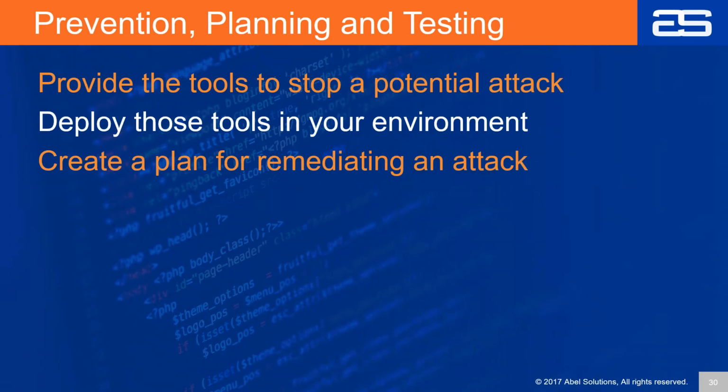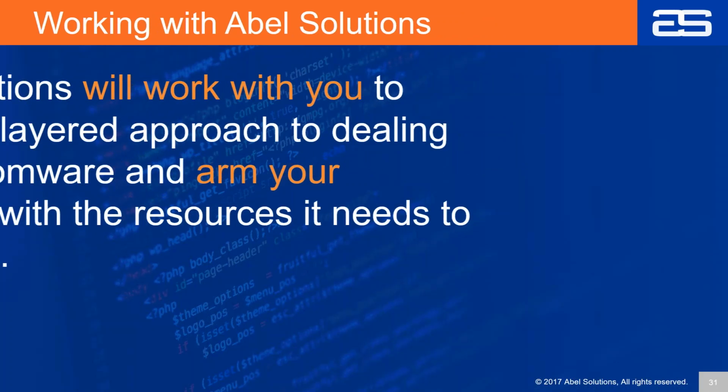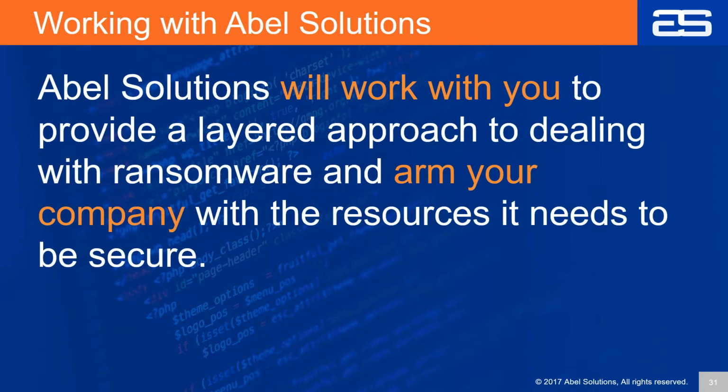We can work with you to create a plan for remediating an attack if something does get through. And lastly, we can help in testing that plan to ensure that it will work for you when it's needed. Now, regardless of the methods used, Abel Solutions will work with you to provide a layered approach to dealing with ransomware and other threats, and arm your company with the resources it needs to be secure.